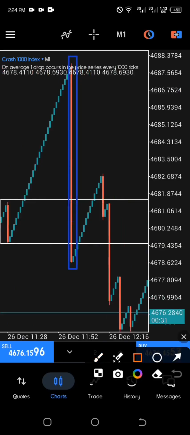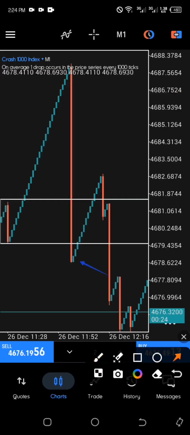After the spike, we wait for the candles to open, which is this candle right here. The candle opens and closes inside that area. After a candle closes inside that area, we enter for our buy, which is on Crash, and then we take our profit when we see the candle closing above this area right here. That is how we use the strategy to take trades.